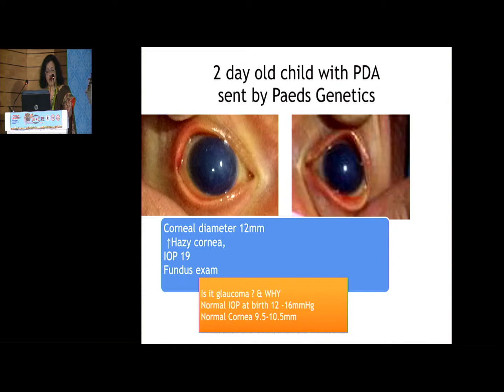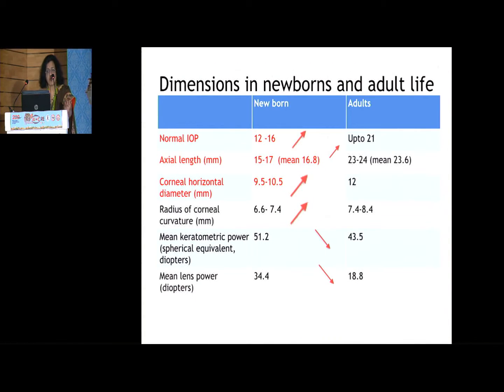The normal cornea at birth is 9.5 to 10.5. So a corneal dia of 12 is an enlarged cornea. We need to remember the dimensions in a newborn are very different than in adult, and remember that when we are examining our little children. The IOP increases from birth, with 12 to 16 being normal.